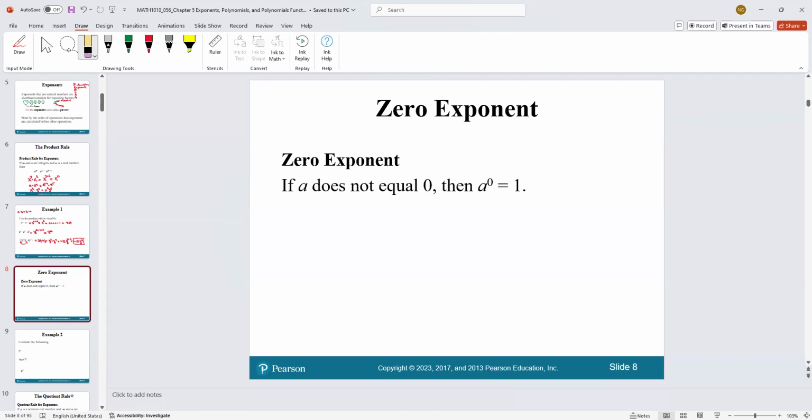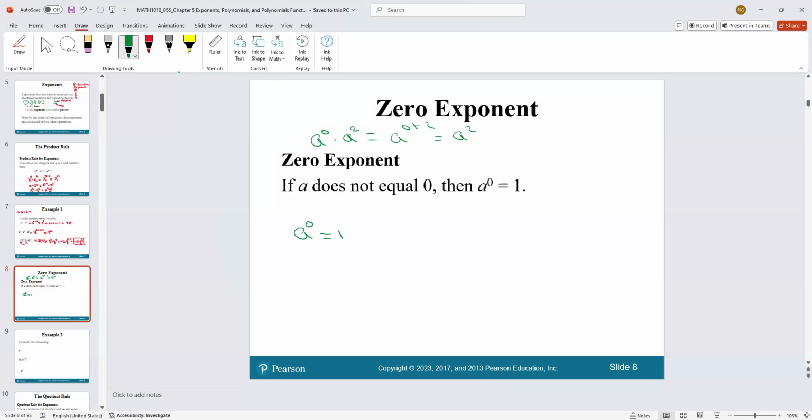But if it did, then the product rule would be, for example, let's say you do a power 0 times a power 2, then it would be 0 plus 2, as you can see, power 2. That means any number power 0 is equal to 1.